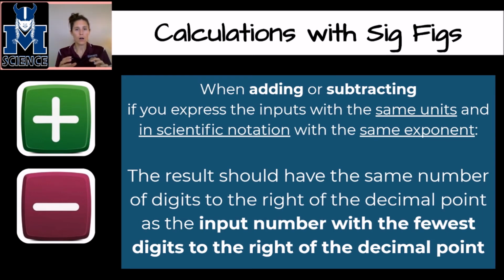When your inputs have the same units and the same exponent, the resulting value that you report should have the same number of digits to the right of the decimal point as the input number with the fewest digits to the right of the decimal point. Again, that's kind of wordy. It's probably easiest to look at some examples, and you'll see what I mean.